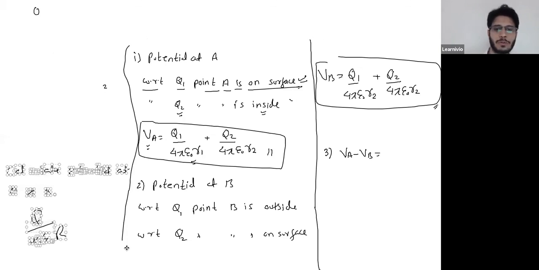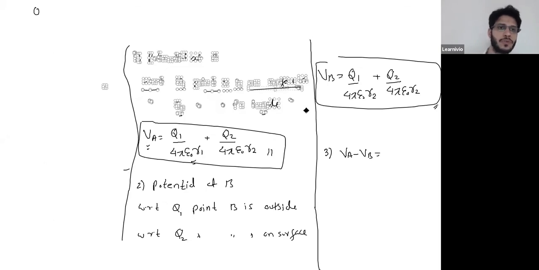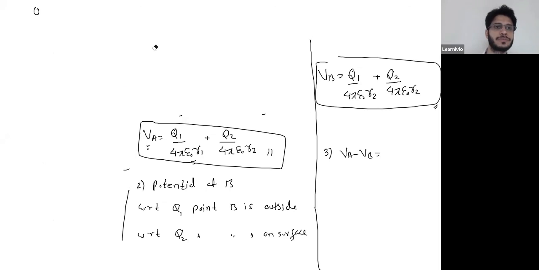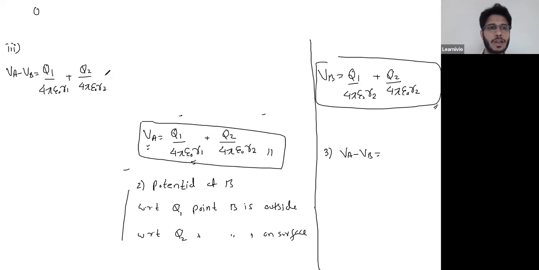Now let's take your calculation of VA minus VB. You're supposed to prove that VA minus VB is greater than 0. Third part. So VA is Q1 by 4 pi epsilon naught R1 plus Q2 by 4 pi epsilon naught R2, minus VB, which is Q1 by 4 pi epsilon naught R2 plus Q2 by 4 pi epsilon naught R2.